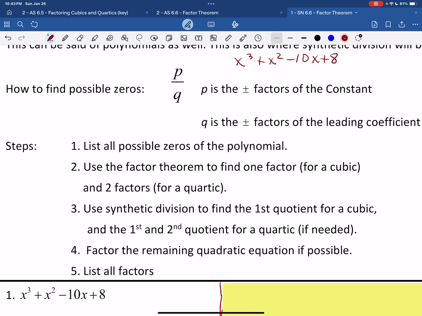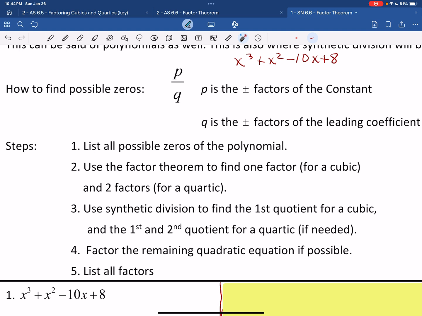The rational root theorem says that if I take all of the plus and minus factors of the constant, p, which in this case is 8, and divide all of those factors by the plus and minus factors of q, the leading coefficient, which in this case is 1, and create fractions of p over q, then those would be the only possible rational zeros.